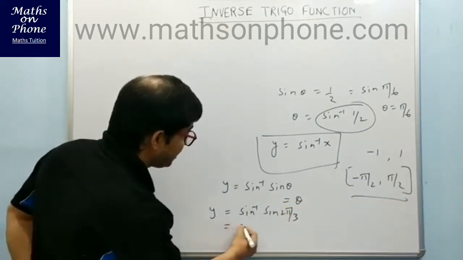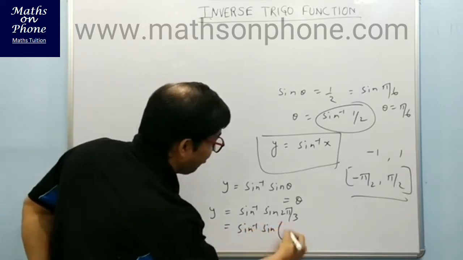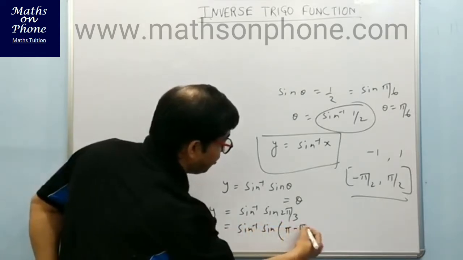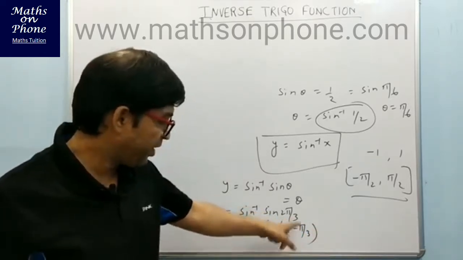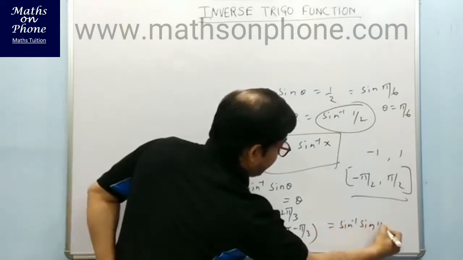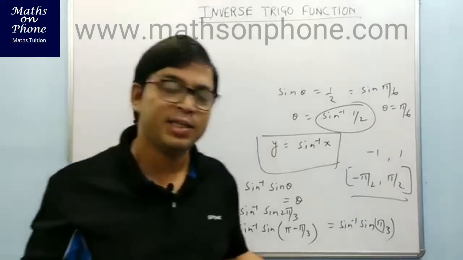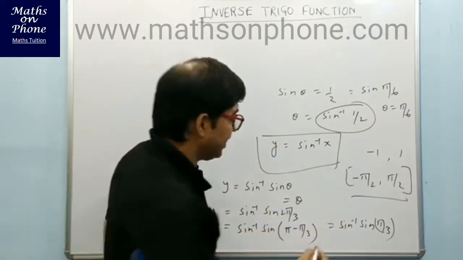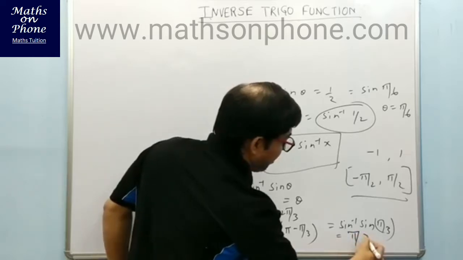We can write sine inverse sine 2 pi by 3 as pi minus pi by 3, that is 3 pi minus pi, 2 pi by 3. Now this is sine inverse sine pi by 3. Why? We know sine of 180 minus theta is sine theta. Now sine inverse and sine will get cancelled and the answer is pi by 3.